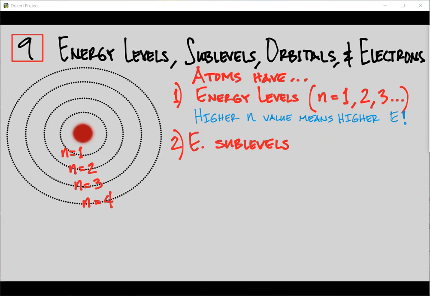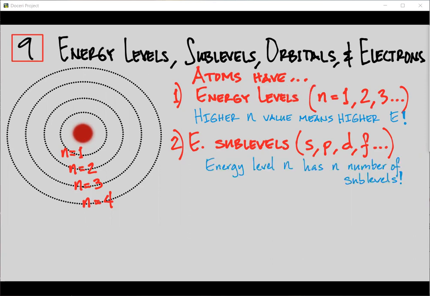Atoms also have energy sublevels. These are energy sublevels within the energy levels, and there's a lot of different types. You learn s, p, d, and f sublevels. The number of sublevels per energy level depends on what the energy level is. Energy level n has n number of sublevels. So if you have energy level 1, then you have 1 sublevel.